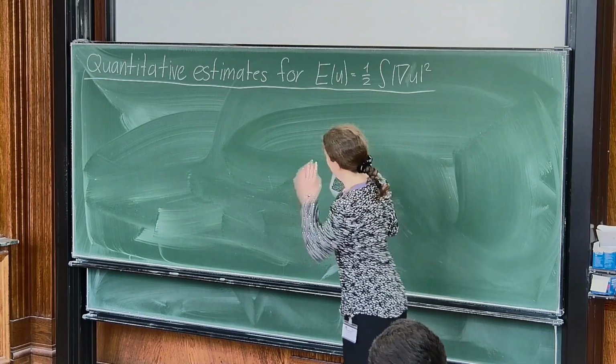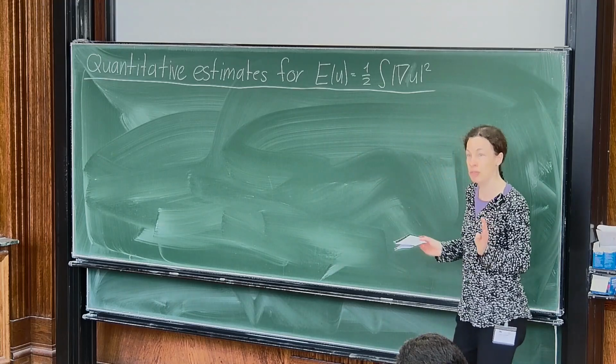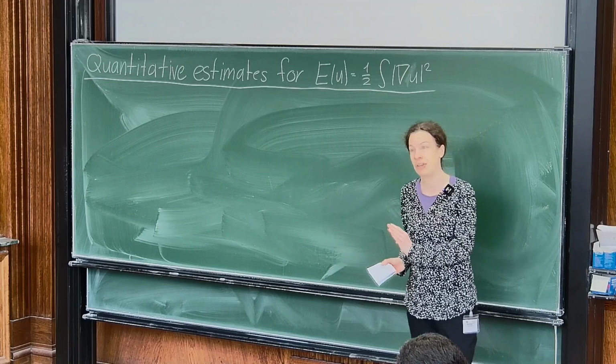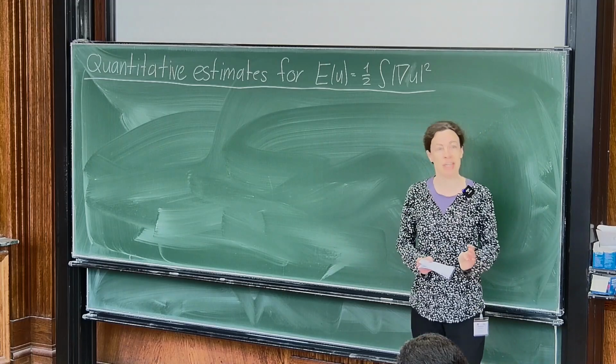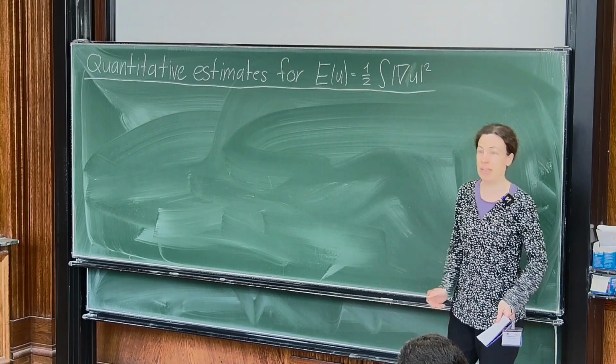And the 10-second version of the talk is: life is good if everything is non-degenerate and non-singular, and life becomes interesting if anything singular happens. And a lot is not known in that situation.